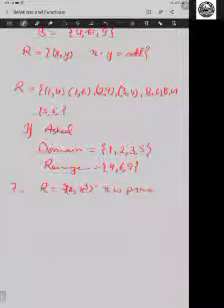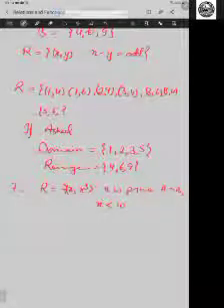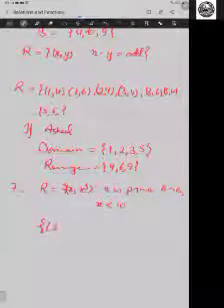Relation is A to B. The main thing you must keep in mind is x is prime and x must be less than 10. So prime numbers less than 10 are 2. Then 2 cube will be 8.